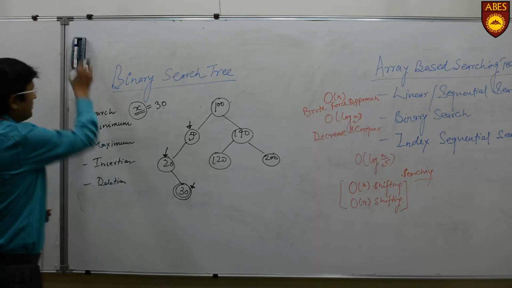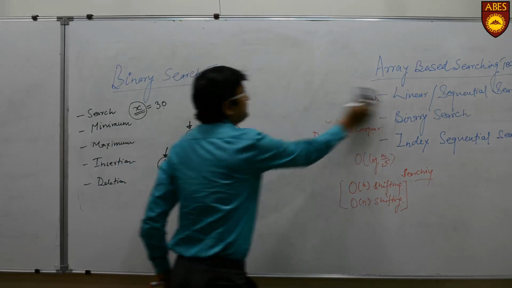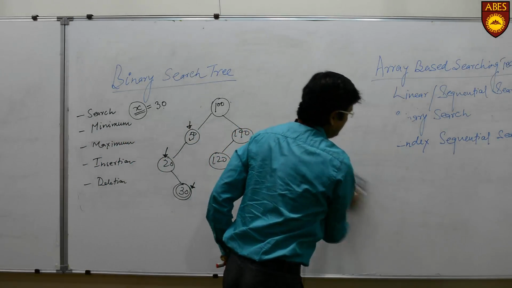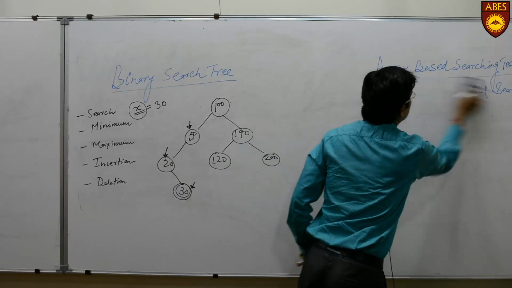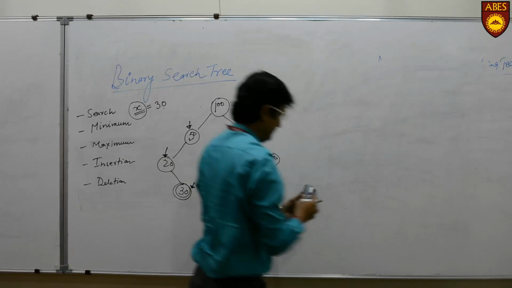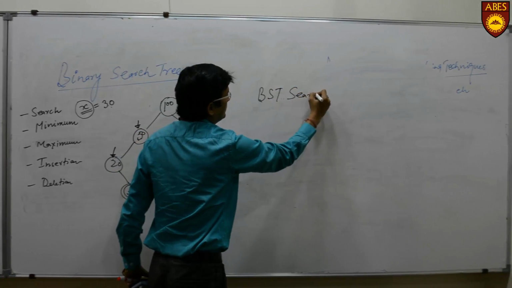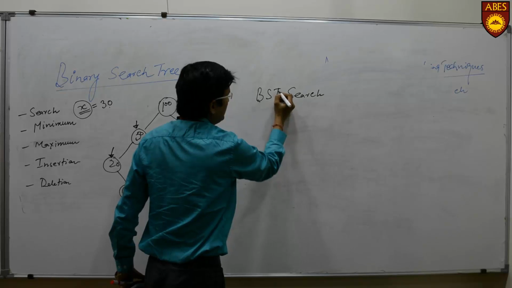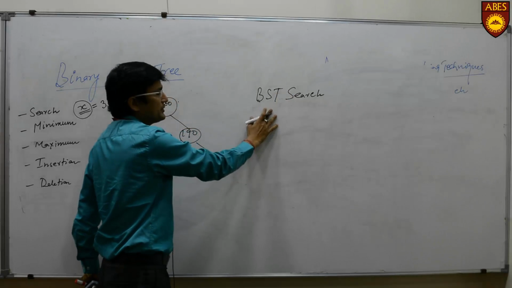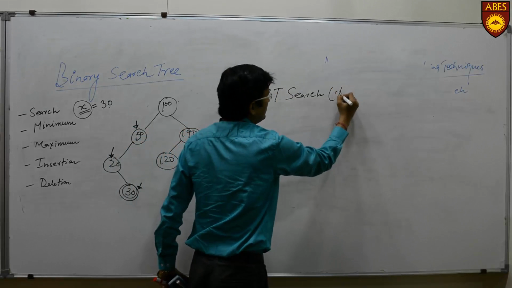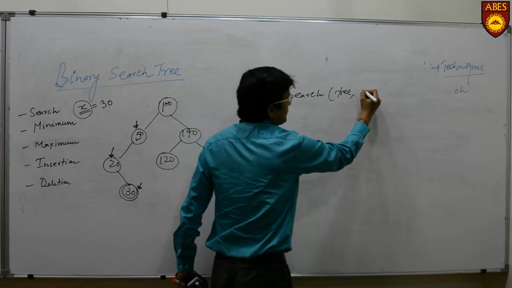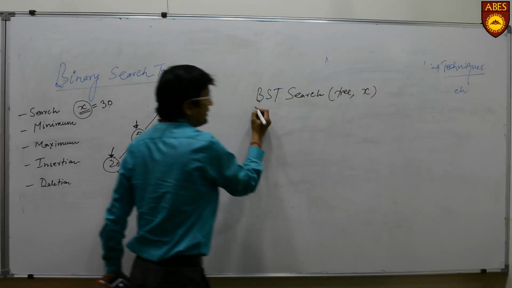Now let us write this search operation in the form of an algorithm. This is the short form of the binary search tree, BST, and the search operation we are carrying out. Suppose tree is a pointer to the root node and X is the search key that we are interested in finding.